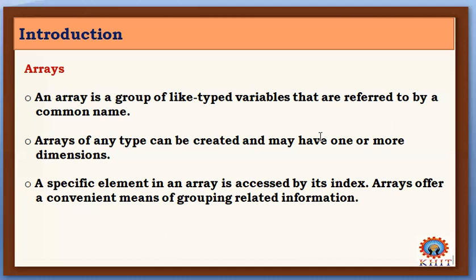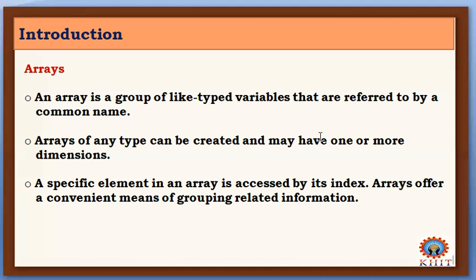I said that an array is a collection of different elements, so we have a group of elements, not one element. It has a bunch of elements which share a common name. But with only one common name, how can I refer to all the elements?